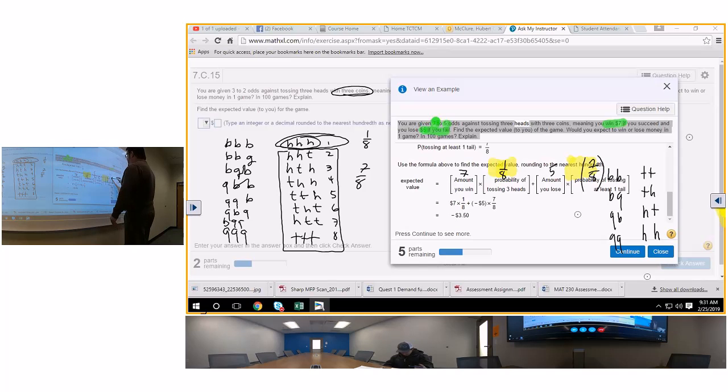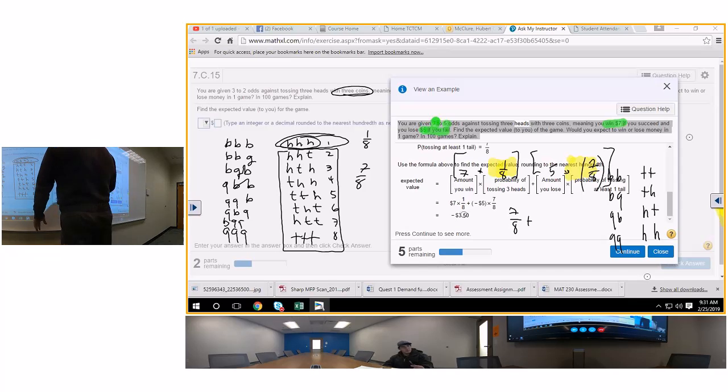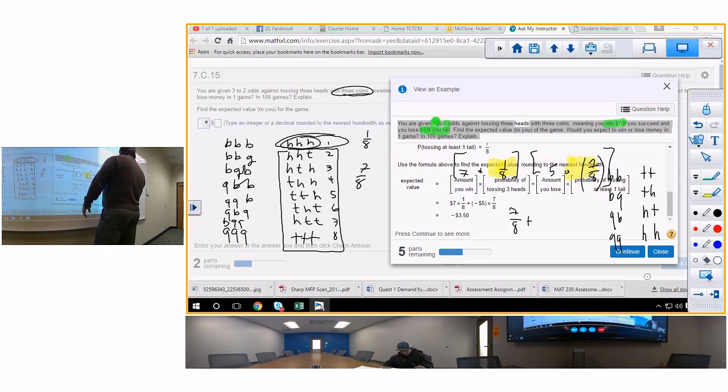Now take 5, multiply by 7/8, and add it to 7 times 1/8. So that's going to be 7/8 plus what? Well, no, it's not. I don't know what I'm thinking. Hold on. I was multiplying. Sorry. 7/8 plus 35/8.